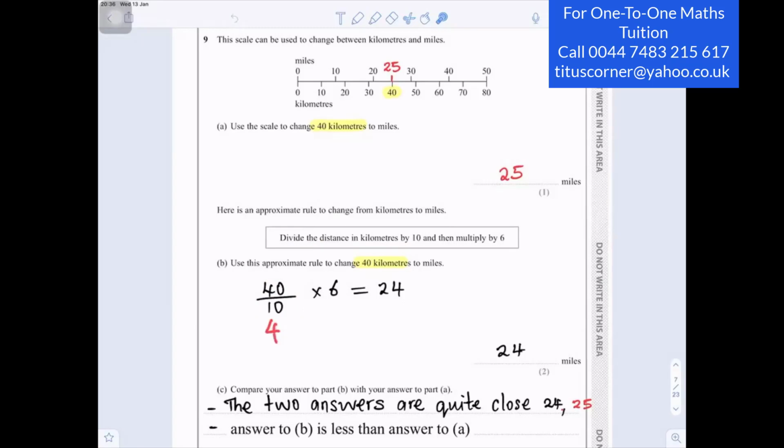It becomes 40 divided by 10 times 6, which will give you 24. So it's 24 miles. Compare your answer to part B with your answer to part A. The two answers, 25 and 24, are quite close. And also, the answer to B is less than the answer to A. 24 is less than 25.